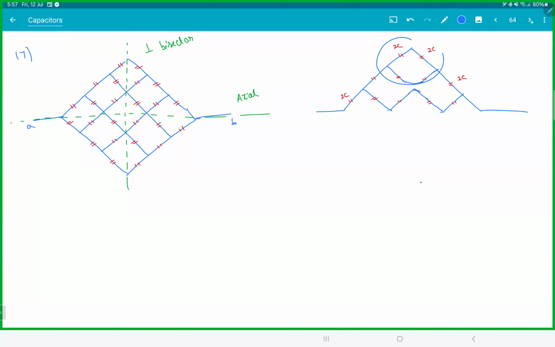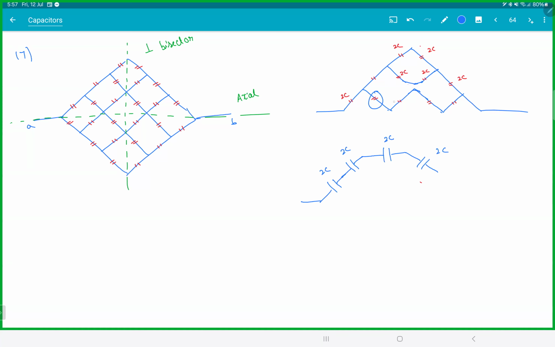Now, if you look at the upper branch here, that is 2C and 2C, that becomes C. C and C, that is again 2C. So the total upper branch would be 2C, and this branch would be 2C again, and this branch would be 2C again.